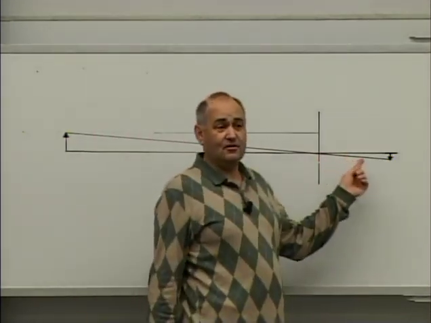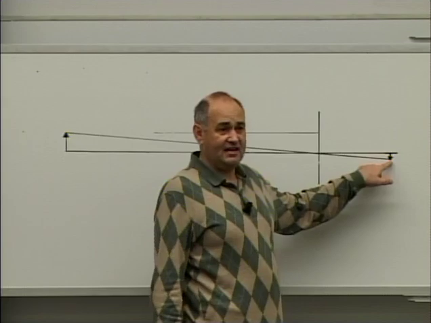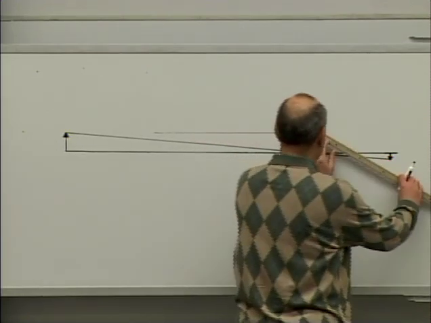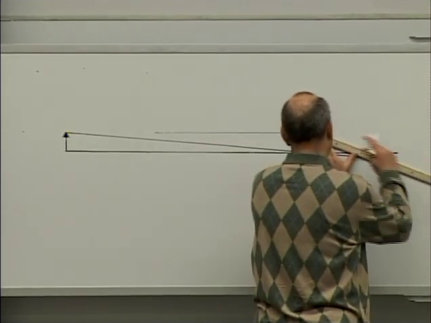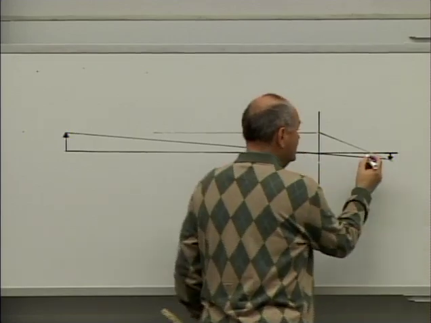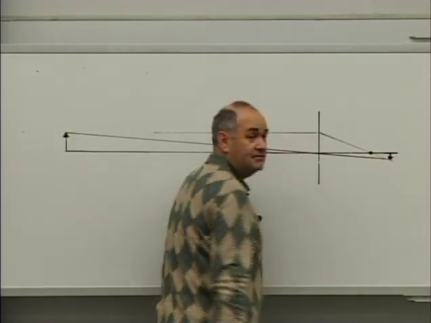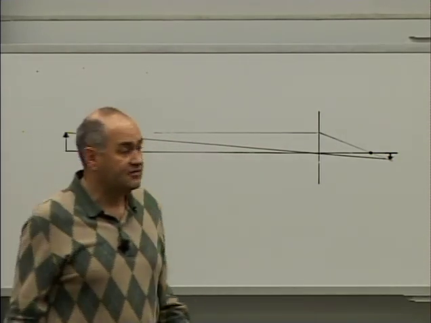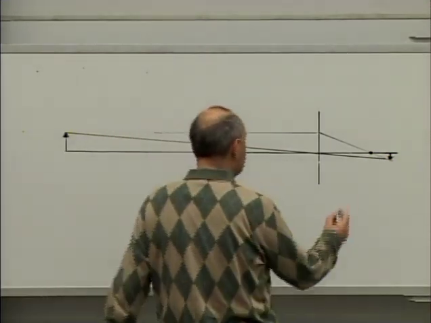Well, I don't know where the focal point is, but I know that it has to pass through the image. Which means that this is the location of the focal point. Which focal point? Image focal point. Very good. This is the image focal point.